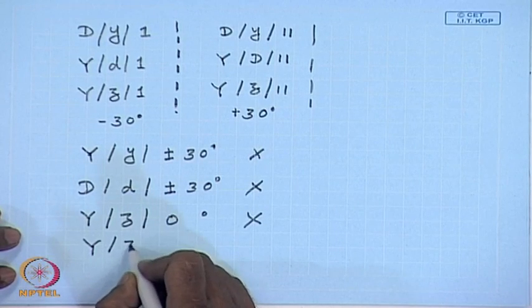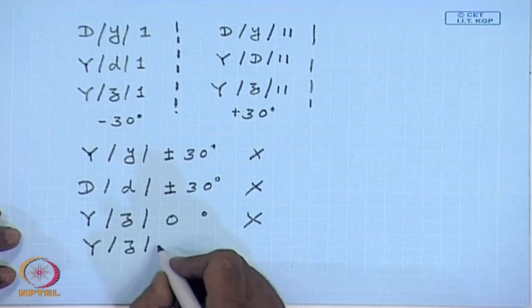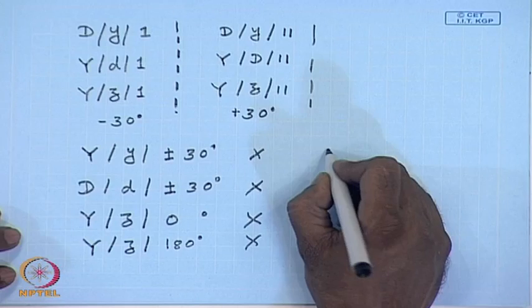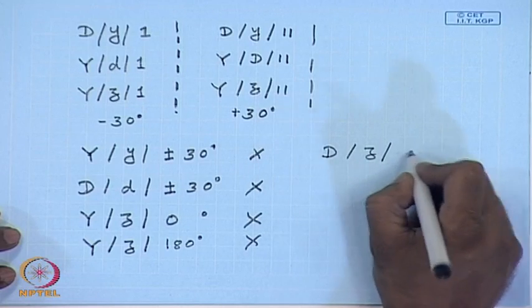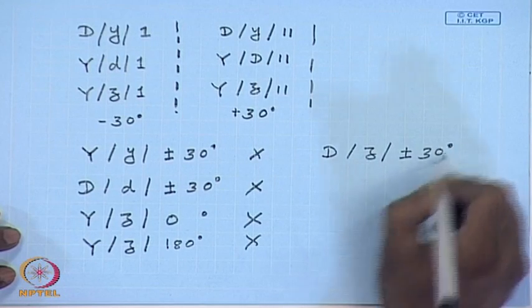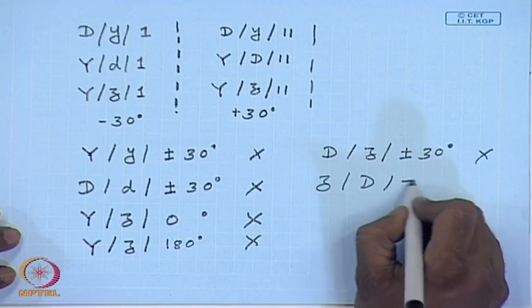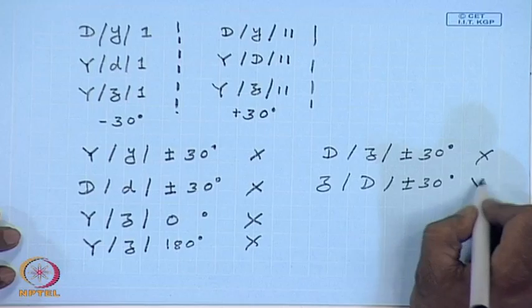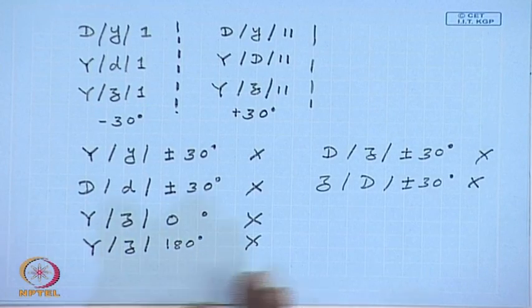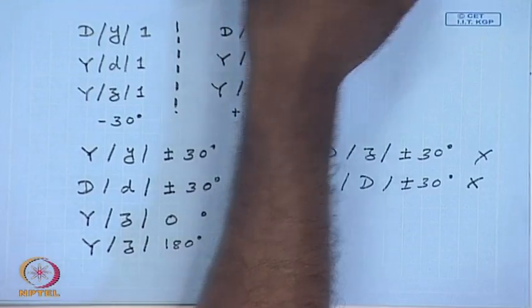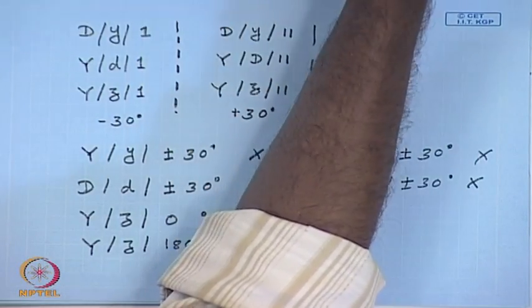Y Z 180 degree, not possible. D Z plus minus 30 degree, this is also not possible, or Z D plus minus 30 degree, this is also not possible. So, we have seen that there will be 12 different connections of 3-phase transformer. Let us see how these connections are made.